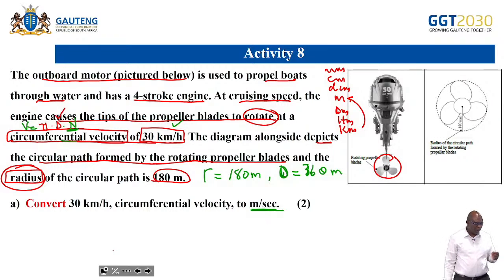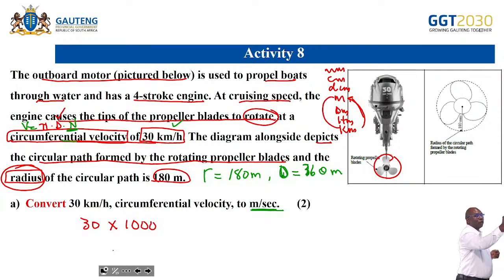Okay, so what am I going to do to do that? Remember, when I go up, I'm going to multiply. So I'm going to say 30 multiplied by 1,000, because from here to there, it will be 1,000. So I'm going to get, remember now I'm having it as meters.